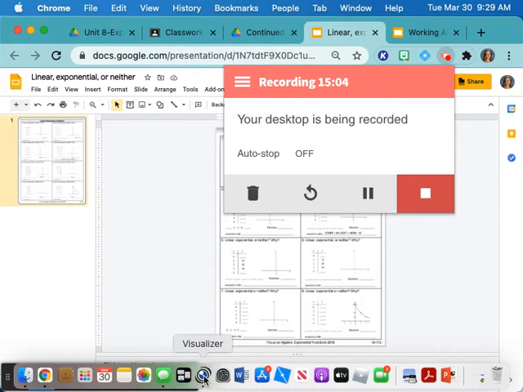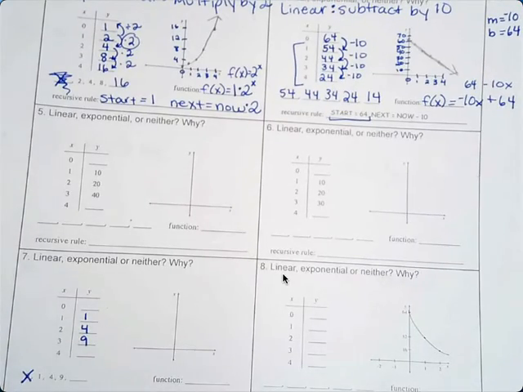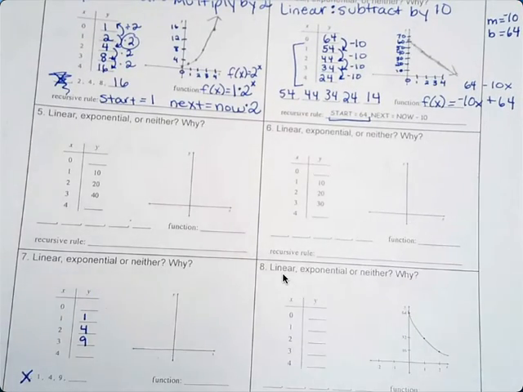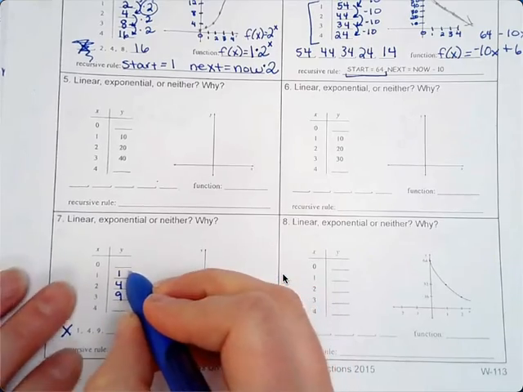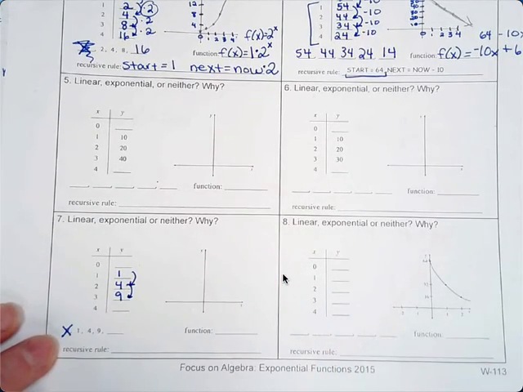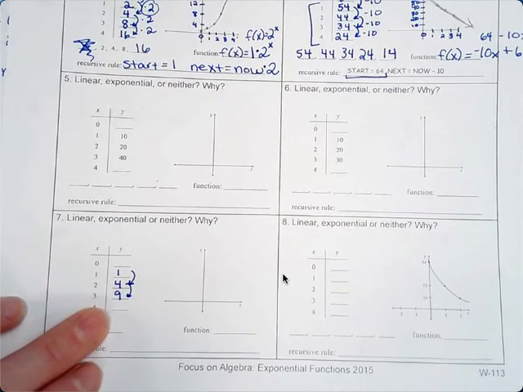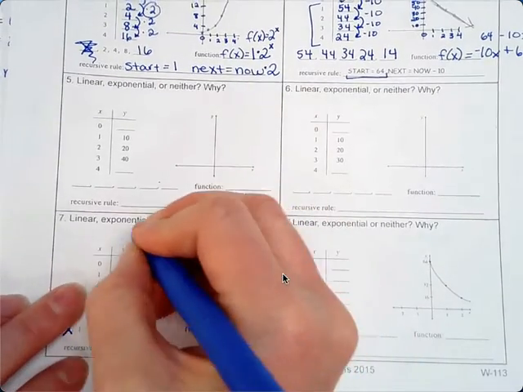Okay, this is your assignment to finish. One thing that I want you to look at for number 7, you want to find out if it's linear, exponential, or neither. And if you look at it, there is not a constant pattern. That's like -3 and then -5. So this is neither.